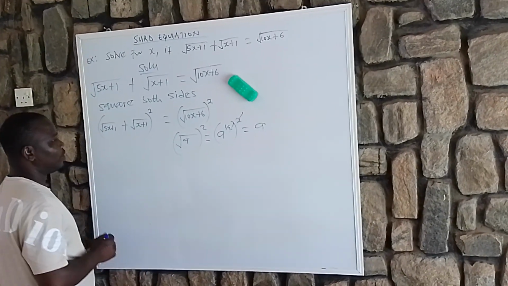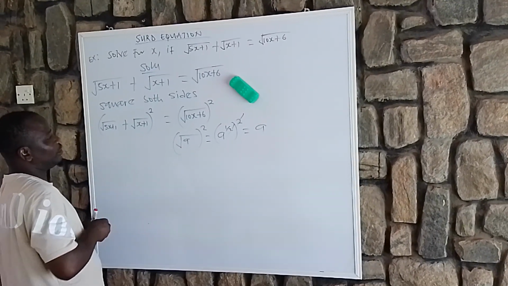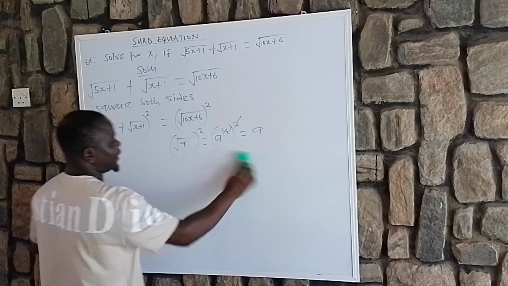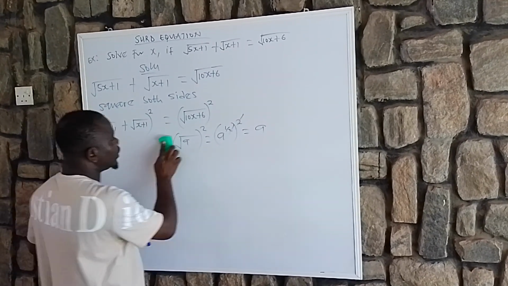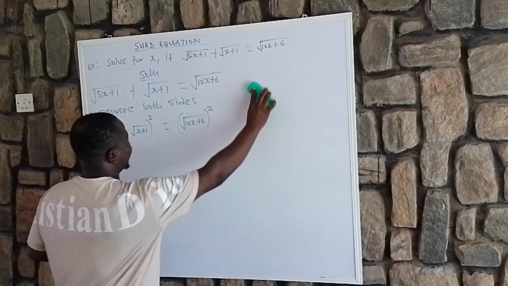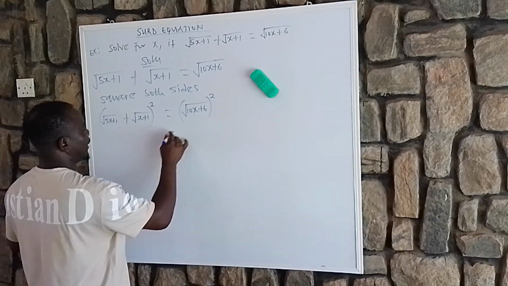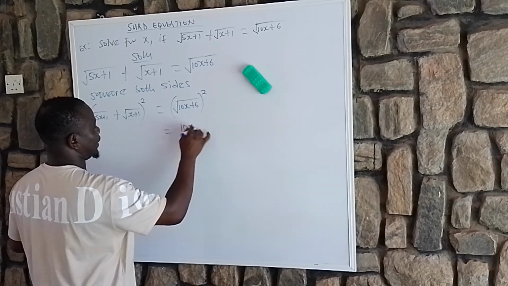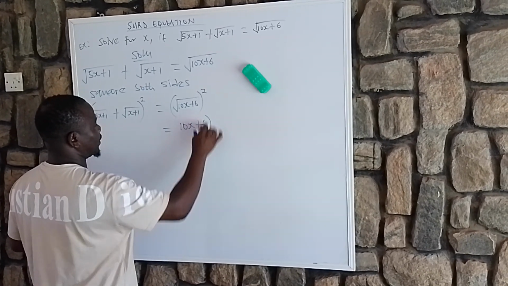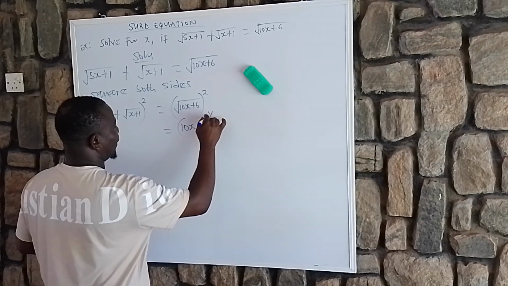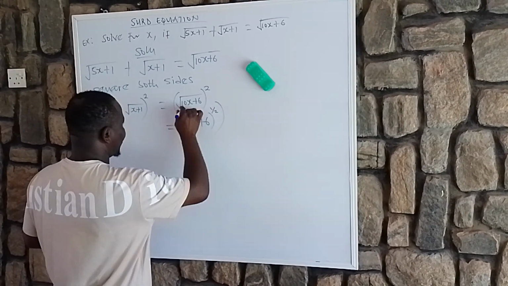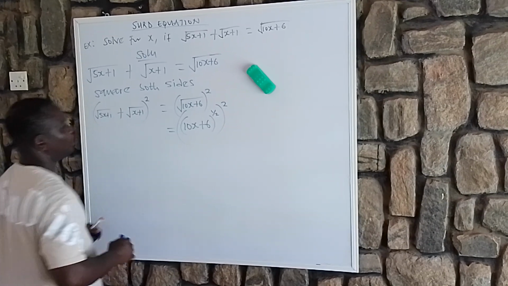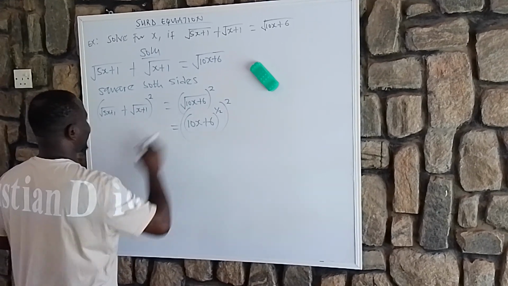Do you agree with me? So this implies that the right hand side will now be 10x plus 6, all in bracket raised to power half, close bracket, raised to the power of 2.